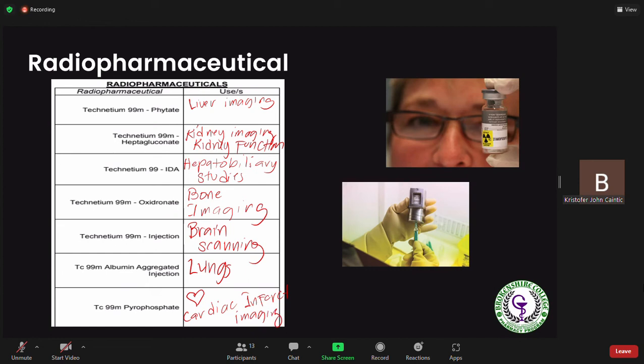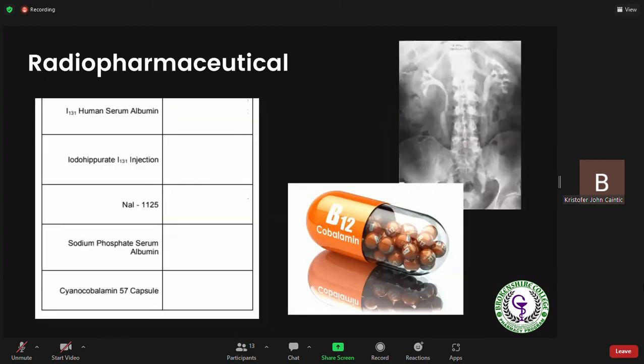So again, these are some of the radiopharmaceuticals that are used for scanning or diagnosis.